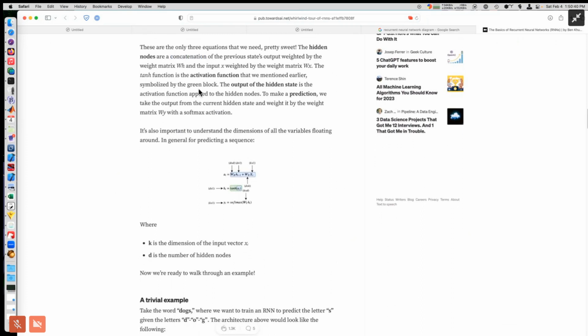It's a summation. The weight matrix for the hidden nodes is D by D, where D is the number of hidden nodes, and then you're adding that to WX times XT, so that should end up with D by 1 in both cases.